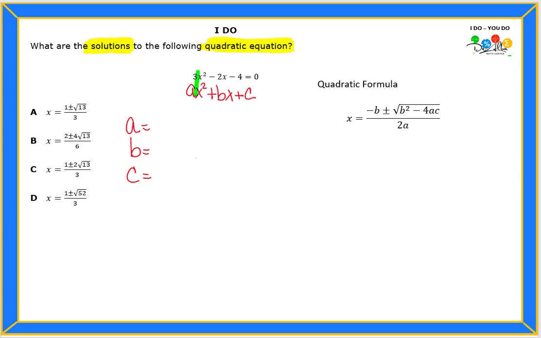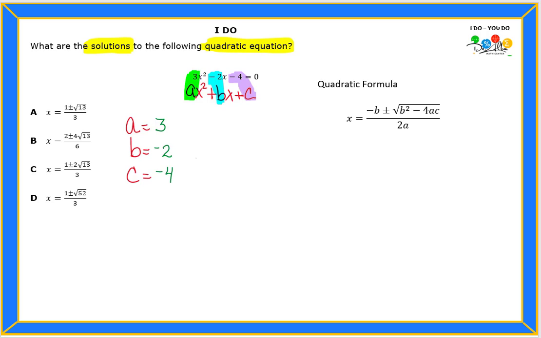Therefore, a will be my positive 3, b will be a negative 2, and c will be a negative 4. Very good. Okay, so now we're going to write down those numbers. So we said a is a 3, b is a negative 2, and c is a negative 4. And that's basically all I need to use the formula.